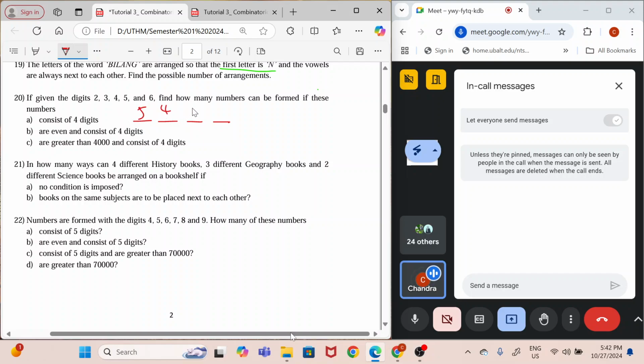Five, 4, 3, 2. That is the answer for A. 120.